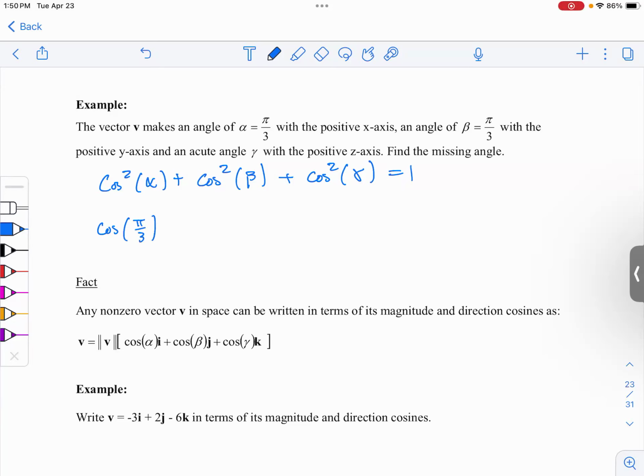And it didn't specify, but this is in radians. Hopefully that was implied.